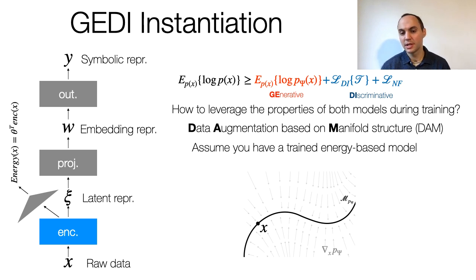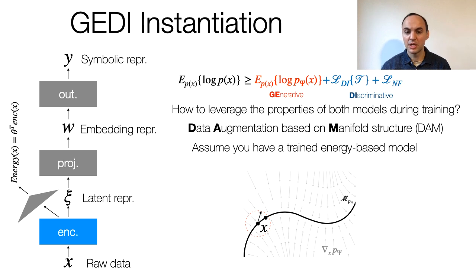X in our case corresponds to our training samples, and what we can do is place, for example, a ball of arbitrarily small size. We can sample a vector over this ball, and then exploit the vector field induced by the energy model to project the vector onto the tangent plane of the manifold.